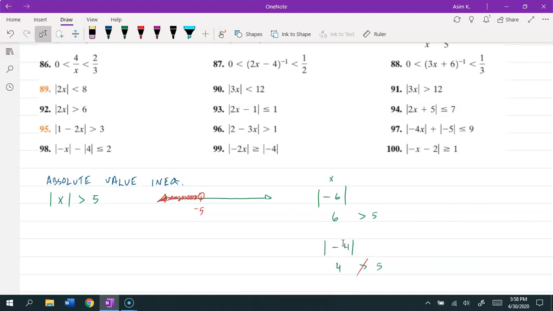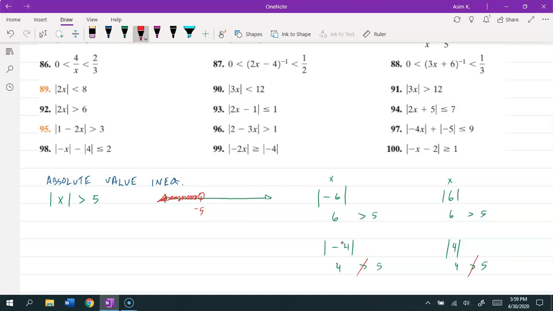On the other end, what if you had used +6? The absolute value of +6 would still be 6, which is greater than 5. Whereas if you had used +4, the absolute value is 4, and that is not greater than 5.